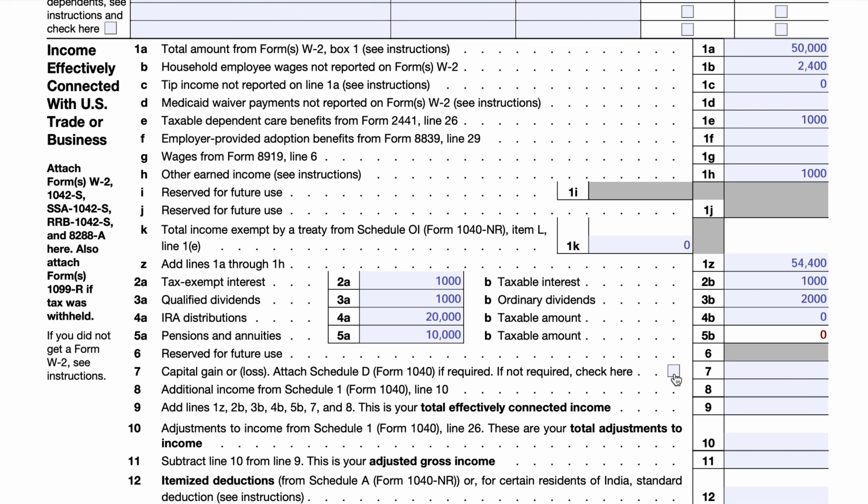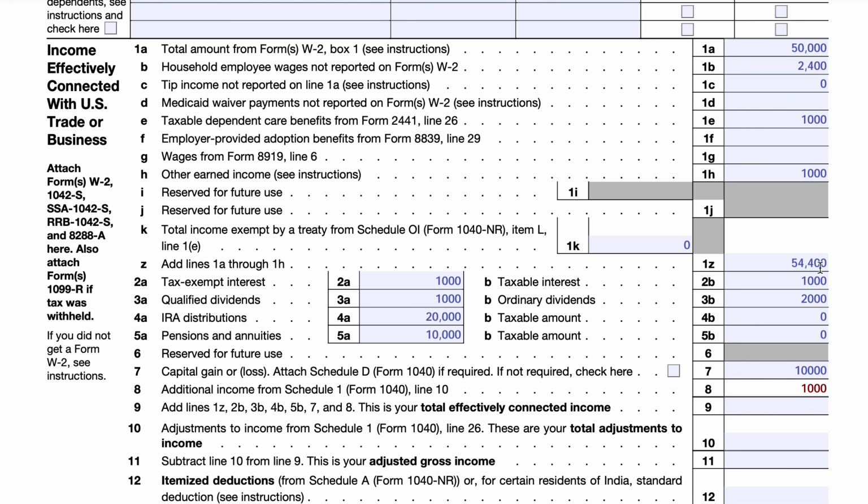If it's not required, you would check the box. But let's just say that he's got $10,000 of capital gains. And then line 8 is additional income from Schedule 1. So any adjustments to income, any increases in income, you would find that on Schedule 1. Let's just say that that's $1,000.